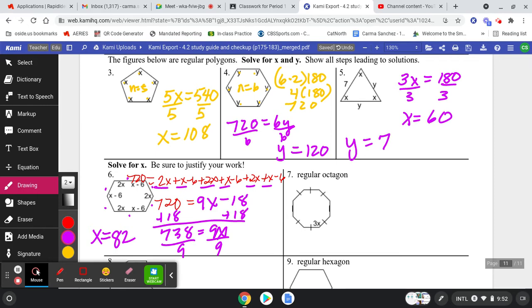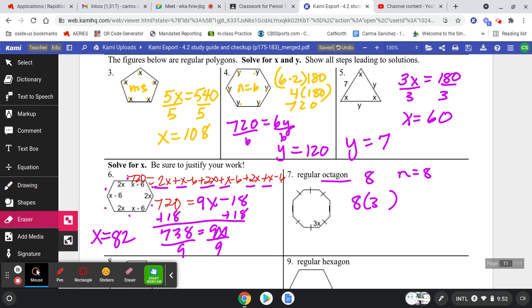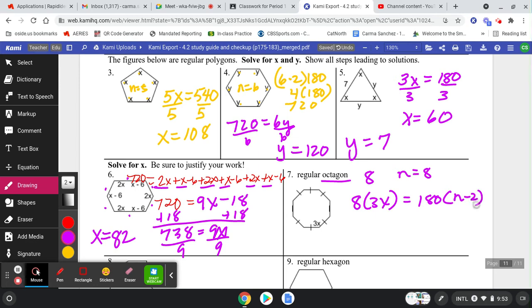Okay. Regular octagon. The interior angle is a 3x. Well, how many interior angles are there in an octagon? There are 8, because there's 8 sides and 8 angles. So here I go doing 8 times the 3x. Well, what's the angle measure of an octagon? You could look back at the chart, but if you don't remember, we can always just fall back on the formula of 180 times n minus 2.